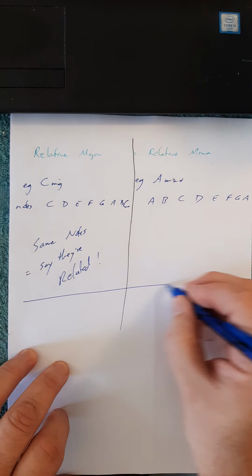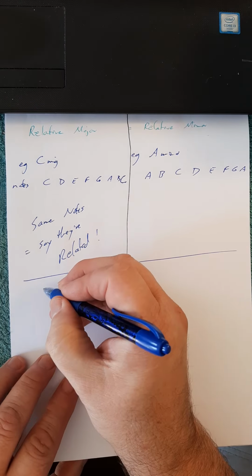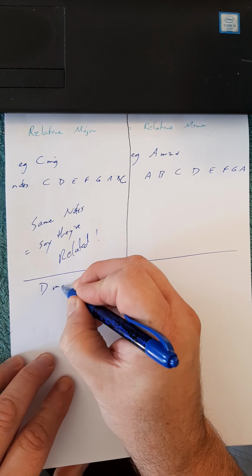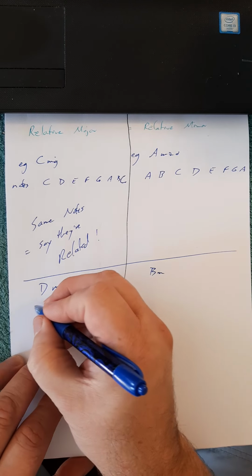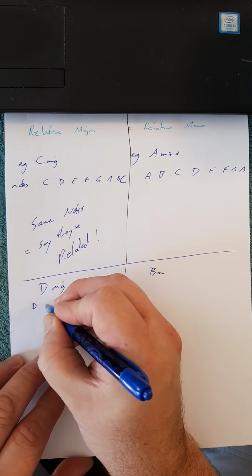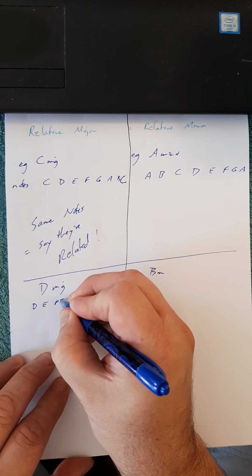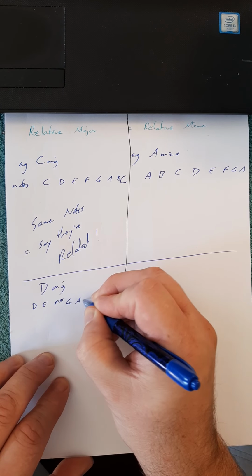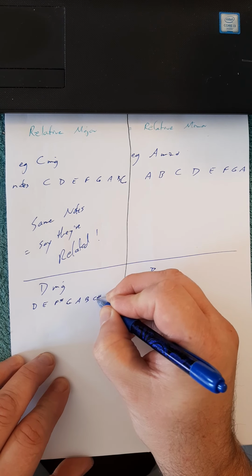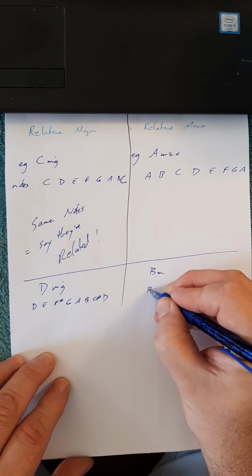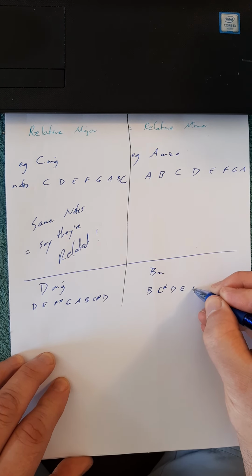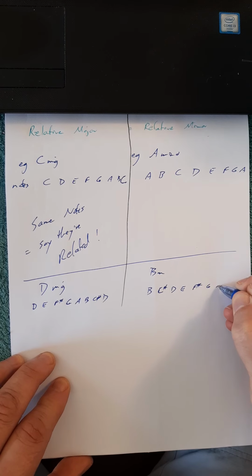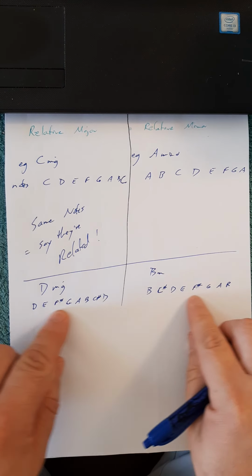We're now going to say, well, okay, let's take the key of D major because we can. And we're going to take B minor, and then we're going to start seeing comparisons. D major has the notes D, E, F sharp, G, A, B, C sharp, D, and B minor goes B, C sharp, D, E, F sharp, G, A, B. Again, the same notes.